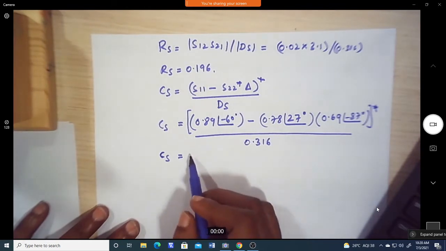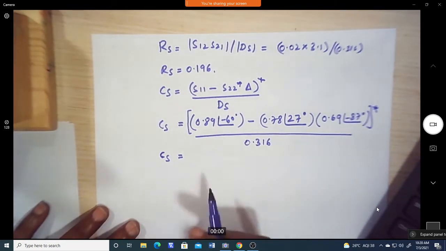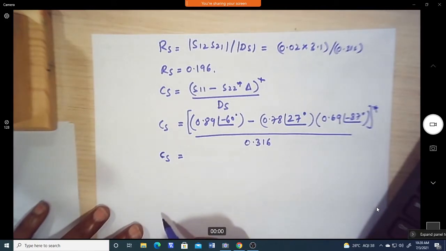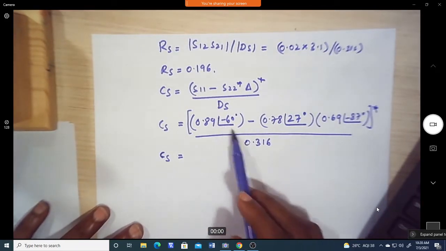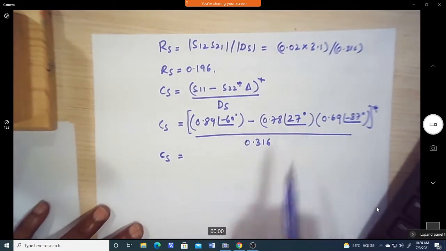Put it in complex mode and you can directly do this.